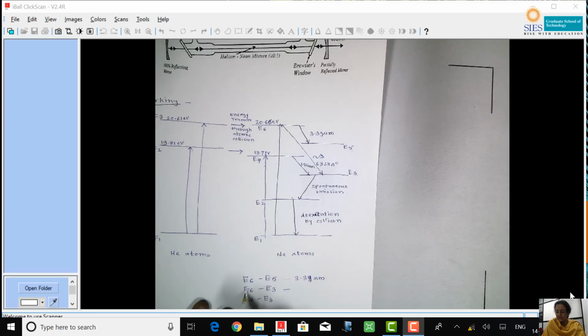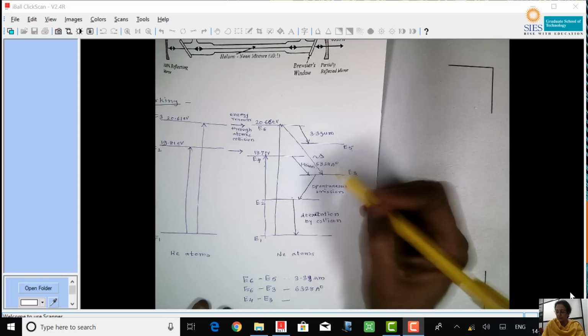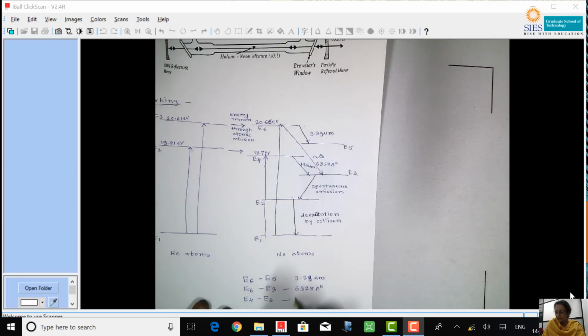Second wavelength, from E6 to E3, is 6328 angstrom unit, which is red color light, and the last one is from E4 to E3. This is 1.15 micrometer. This is again in the infrared region, so it is not visible.